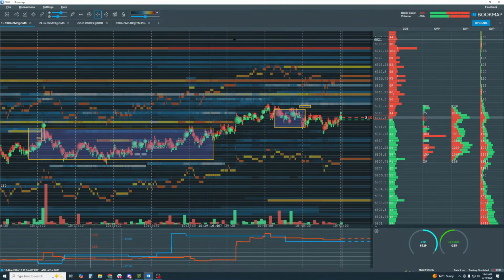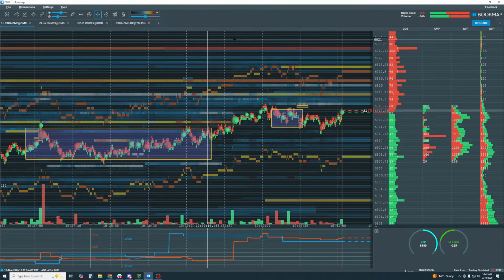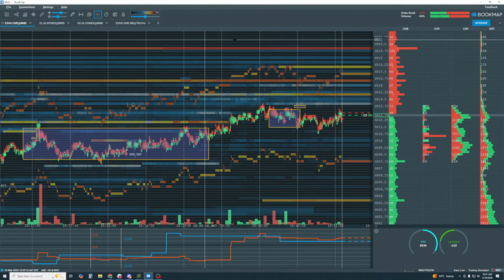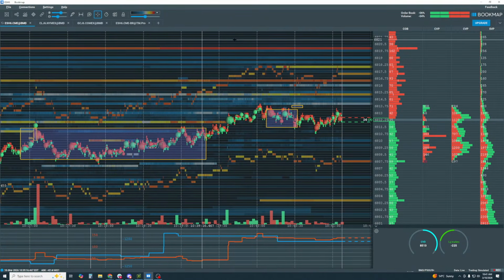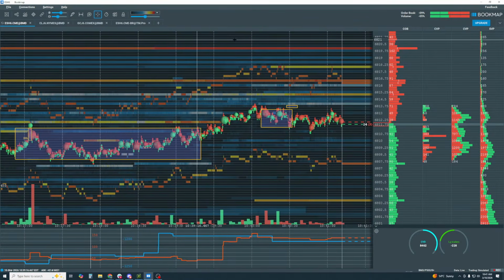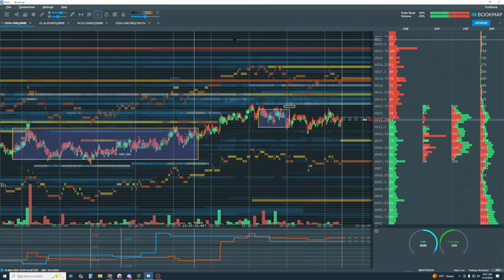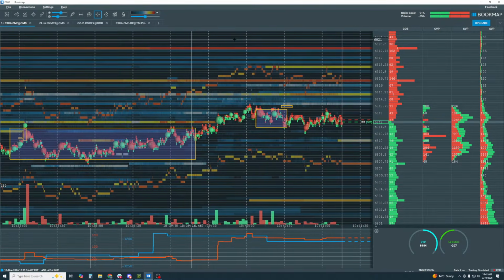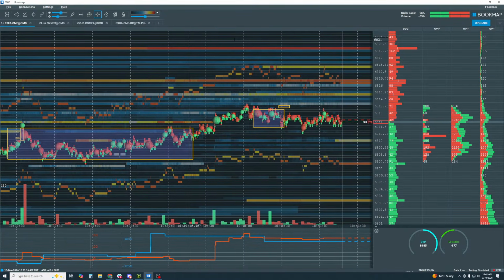We've been seeing a lot of moves like this, where it looks so obvious it's going to go one direction, but then we get these trap traders and then squeeze to the other side.